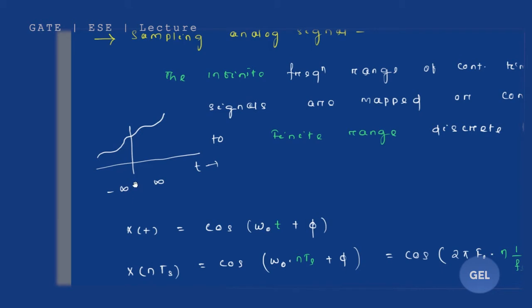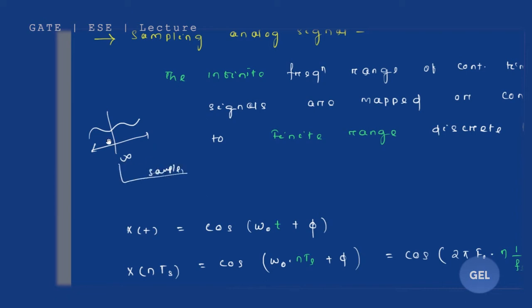Now what if this is the condition? The benefit of discrete time signals is that through sampling we can convert this interval of infinite duration to a definite interval. Clear? In simple terms, the frequency range of continuous time signals is infinite, but if we sample it, through the sampling process we can downgrade it and map it to some definite interval like -a to a.